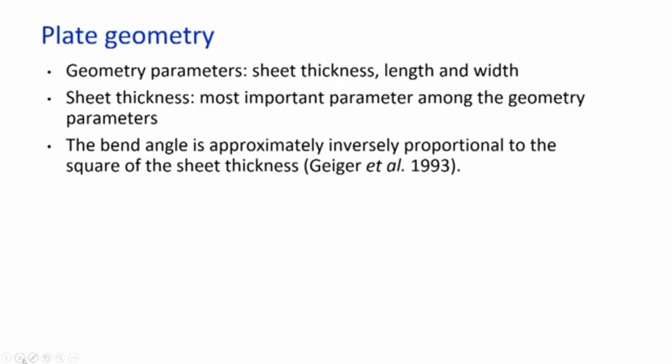Consider we are using rectangular sheets; they have a length and width, and certainly a thickness. The sheet thickness is a prominent parameter, as we have seen in our previous lecture when we compared three different mechanisms of laser bending. Sheet thickness is the most important among the geometry parameters.